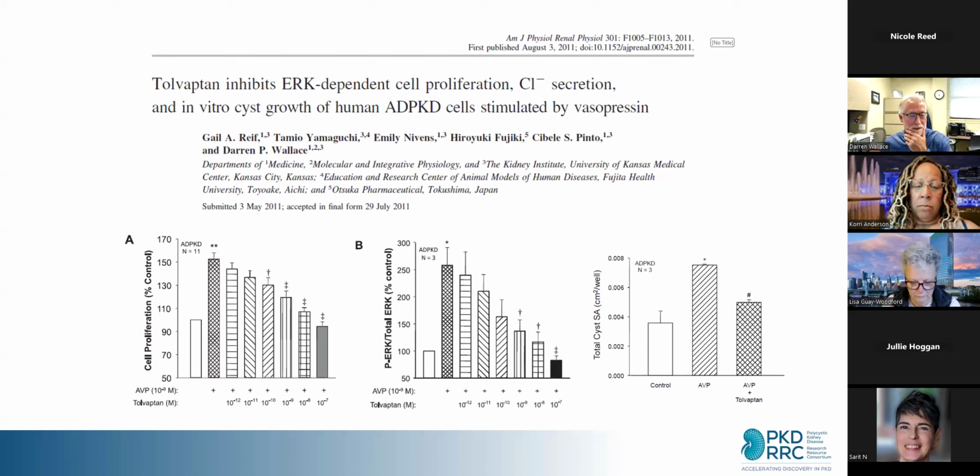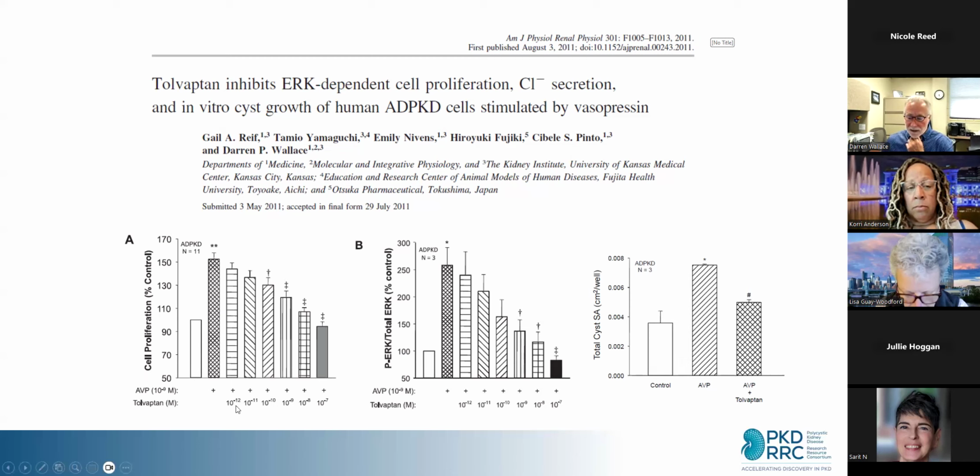But in this assay, we were using human ADPKD cells, and this is a cell proliferation experiment on the left. The control rate of cell proliferation was set to 100. And then you could see that when we treated with the hormone called vasopressin, we saw an increase in the proliferation rate by approximately 50%.